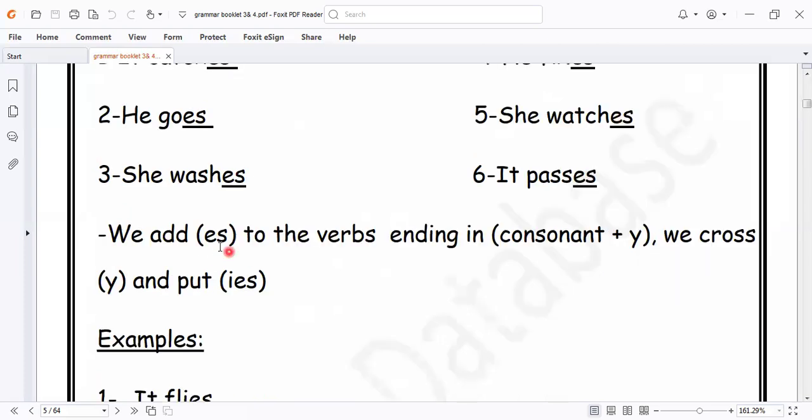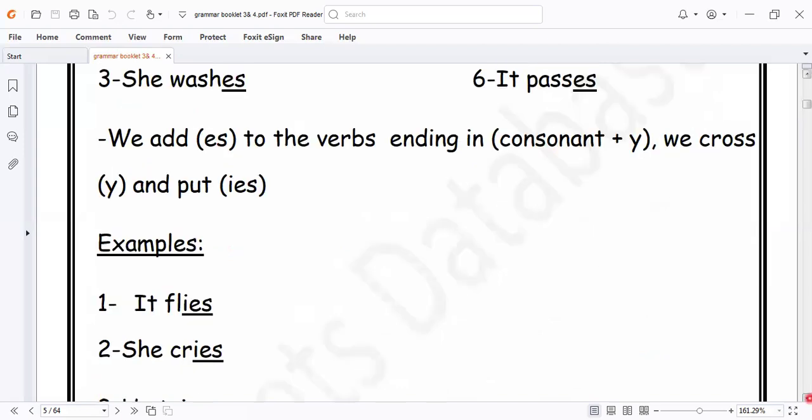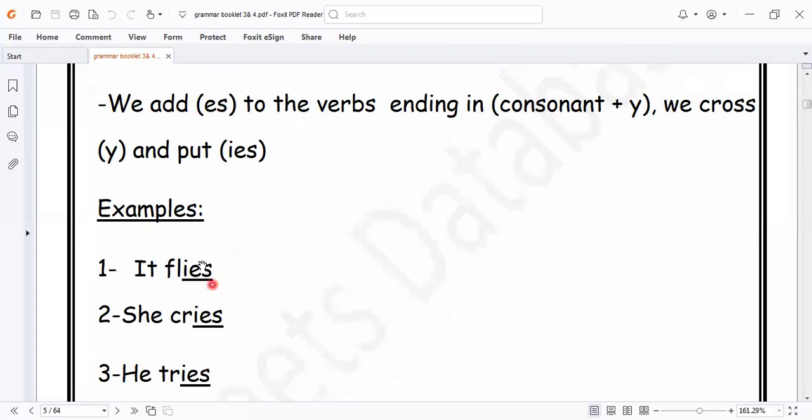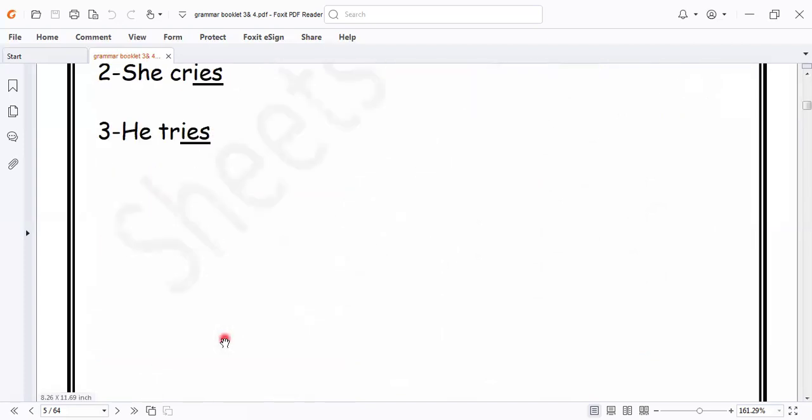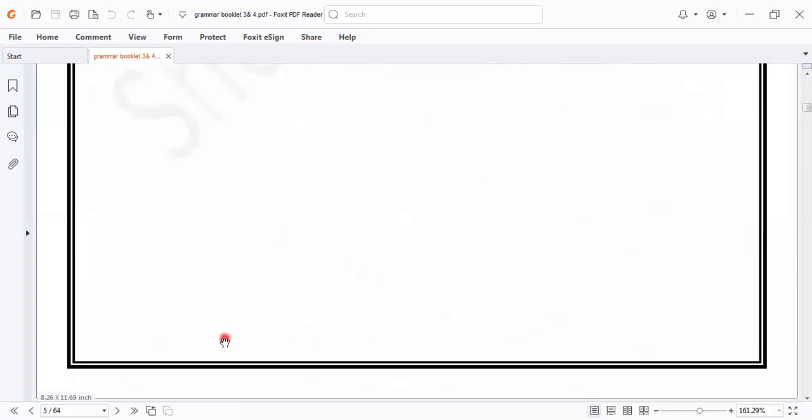Here we have added es to the verbs. With verbs ending in a consonant plus y, we cross out y and add ies. Examples of this are flies, fries, tries.